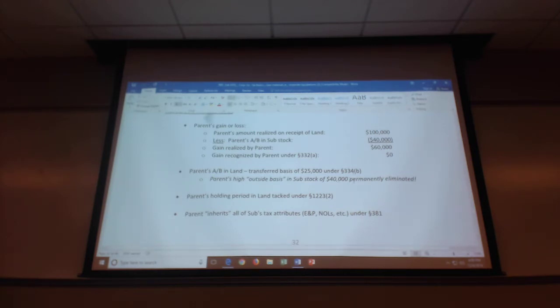It's eliminated for all time. Consistent with the fact that it's a non-recognition transaction with a transferred basis, parent gets a tacked holding period in the land under 1223(2).